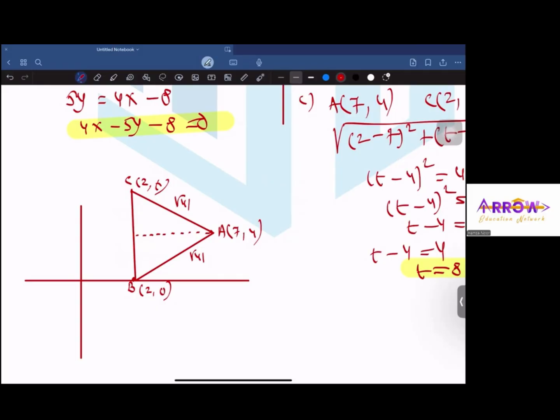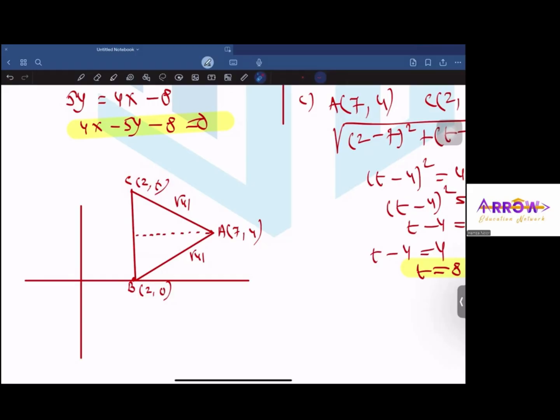Since AB is equal to AC, which is equal to √41, this is an isosceles triangle. Point C has x coordinate 2 and the y coordinate of C, which is t, is positive, above the x-axis.